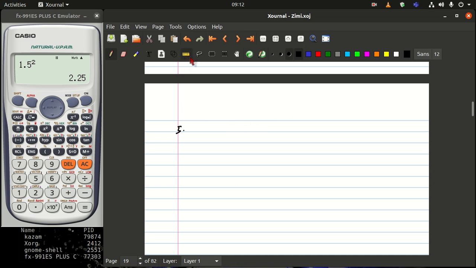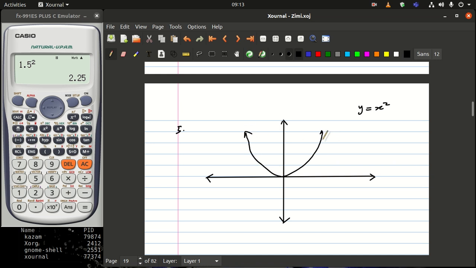When you are having a parabola, let's first draw it. The parabola we're having here is y is equal to x squared. Of course, if you want to draw it, you draw it like this, and you draw it like that, and this is the parabola.